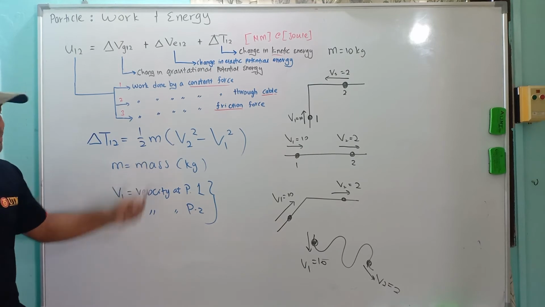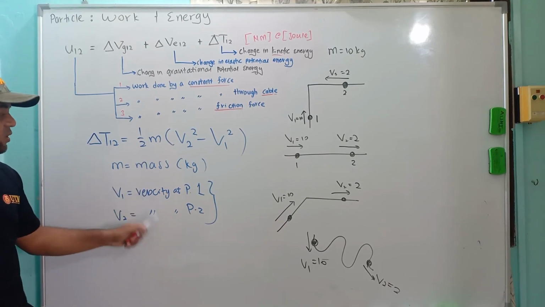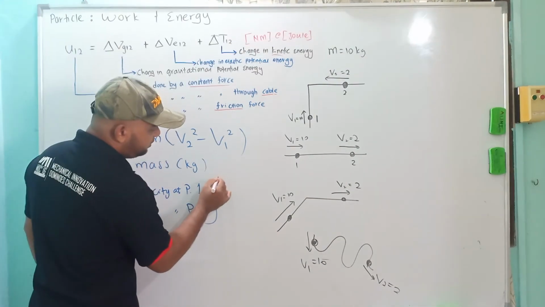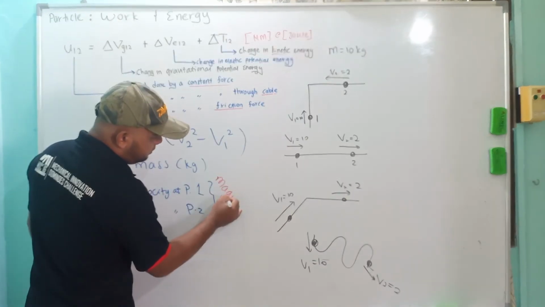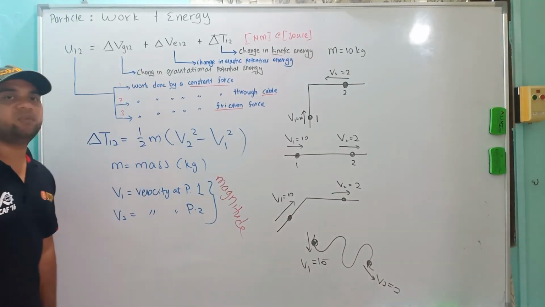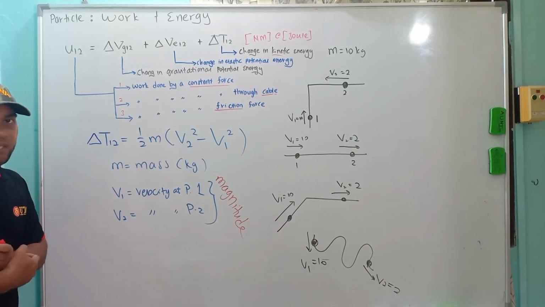So what is the m? M is the mass of the component. V1 and V2 are the velocity at point 1 and point 2, and we only take the magnitude only. It doesn't matter which direction the V1, which direction the V2. What we want to know is only the magnitude.